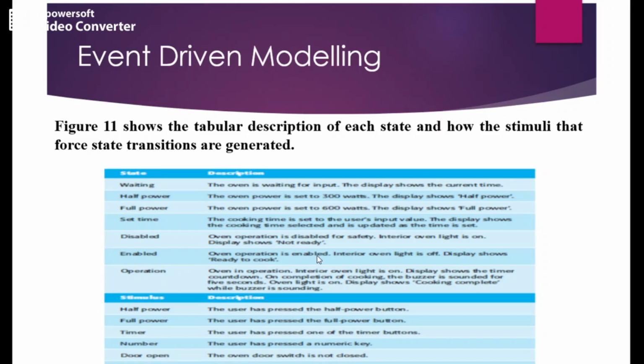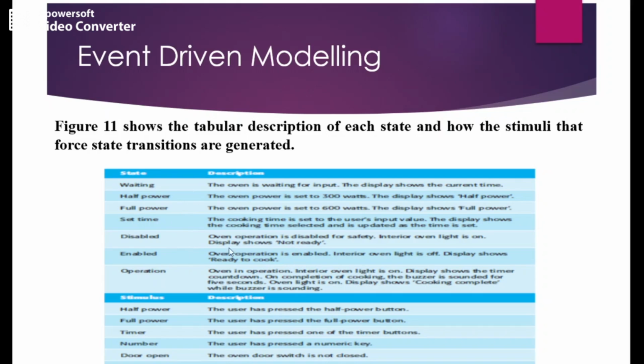On completion of cooking, the buzzer sounds for 5 seconds, which indicates that the cooking process is completed. The oven light is on and the display shows cooking completed. After the buzzer sound finishes, only then can you open the oven door. These are the different states.